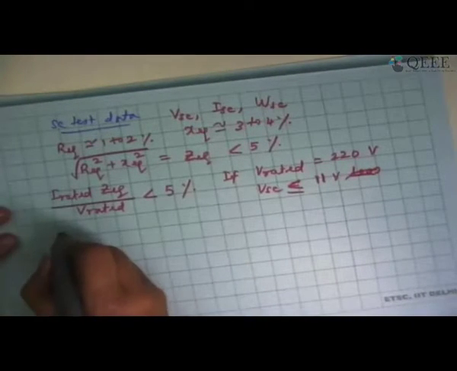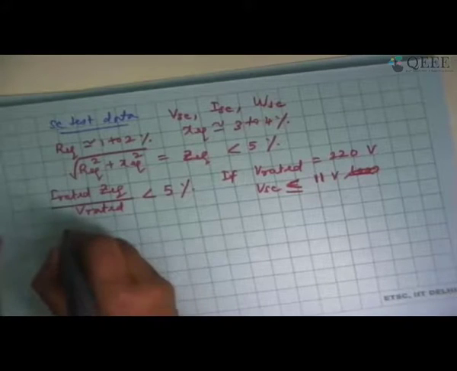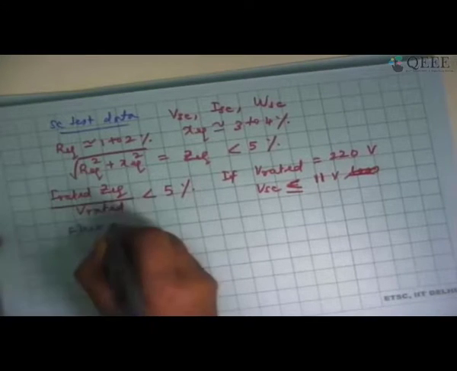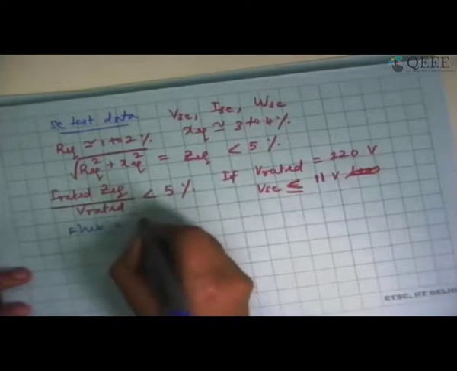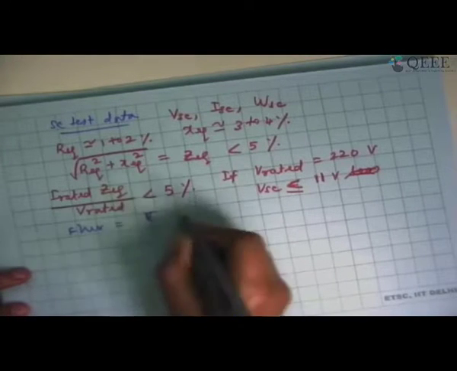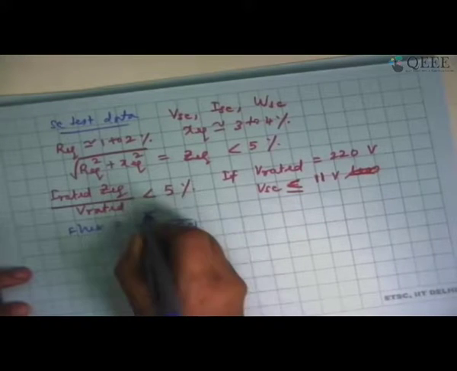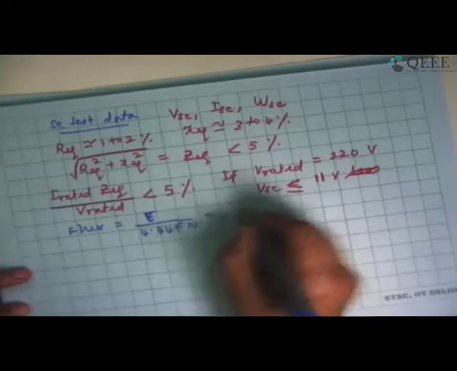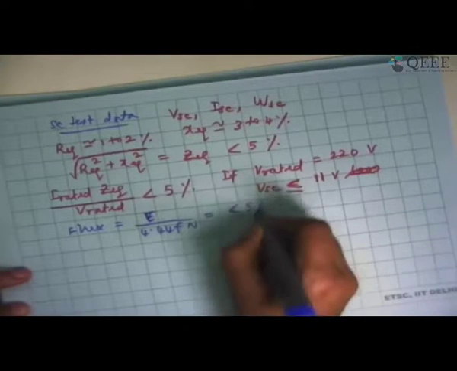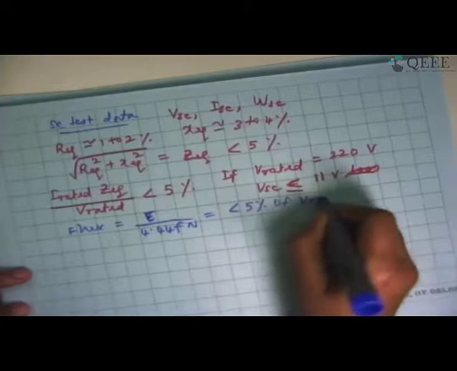So if I look at the flux under this short circuit condition, flux is going to be V divided by 4.44 f N, number of turns. Voltage is only less than 5% of V rated.